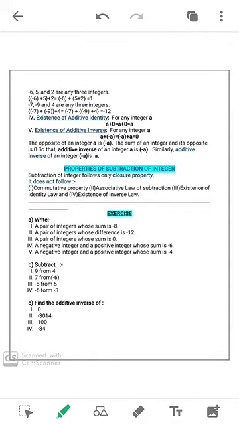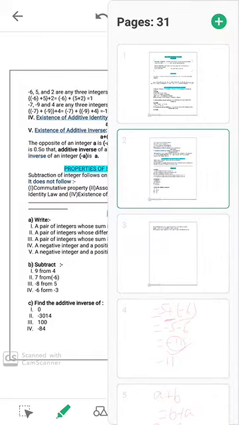Fifth, a negative integer and a positive integer whose sum is minus 4. Take the positive integer 5 and the negative integer minus 9.